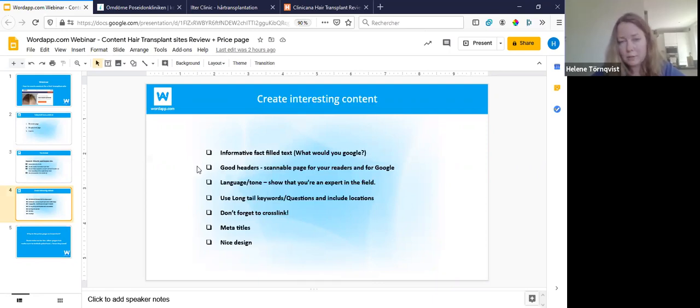Make sure you have good headers. Your website should be scannable both for you and for Google, to get a quick idea of what it's about. When I read the text, the headlines are what I see first, and I see where there can be interesting information. It's also much easier for Google, which likes a well-structured and easy-to-read page.